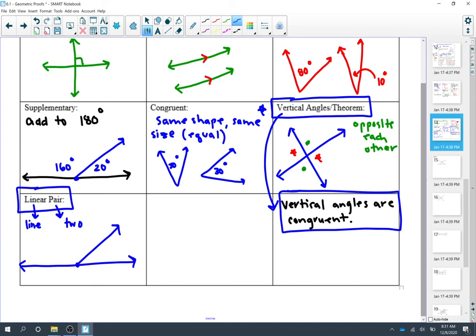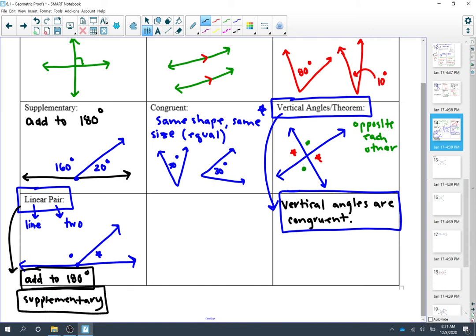So if we got the two angles on the line, so we've got this one and then we've got this one, okay, linear pair add to 180 degrees, also known as they are supplementary, okay, so I can write that as well. Also very important, also going to be used in proofs, so don't forget about that one.